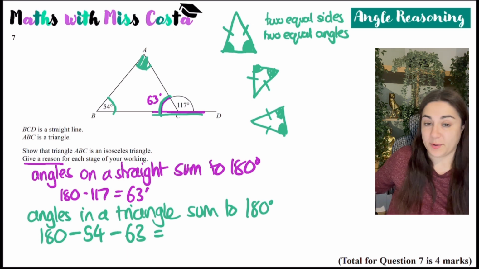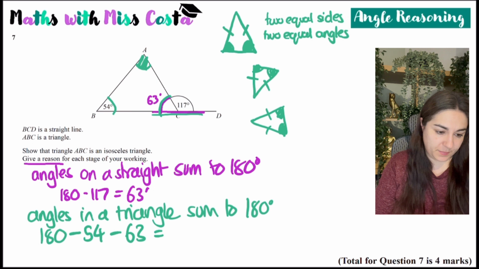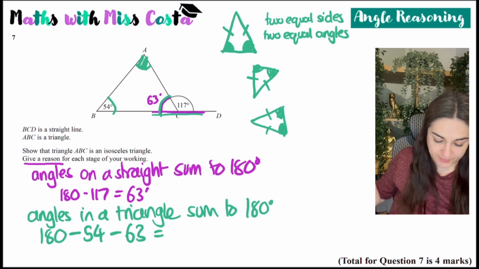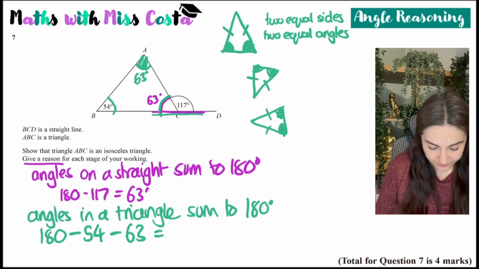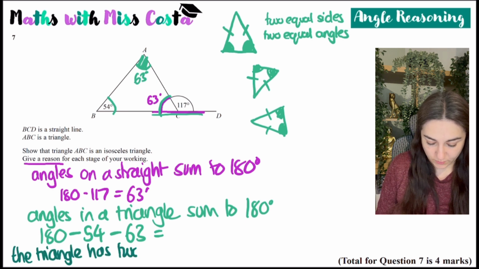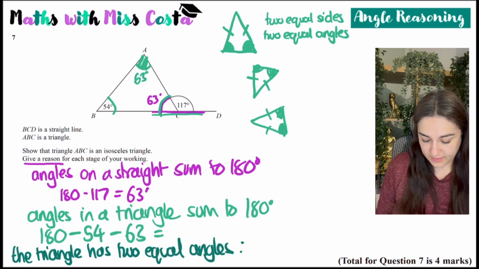So into your calculator, you can type 180, take away 54, take away 63, which gives you 63 degrees. So to show that it's an isosceles triangle, you say the triangle has two equal angles, therefore it is isosceles.